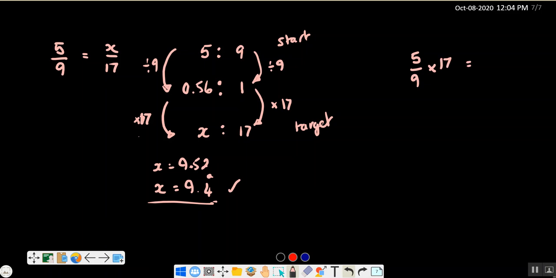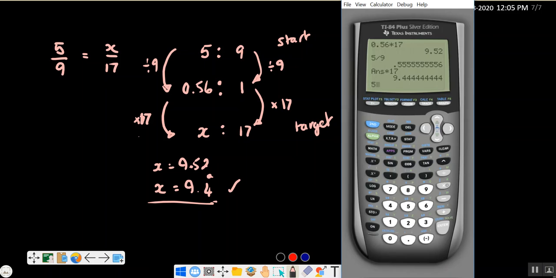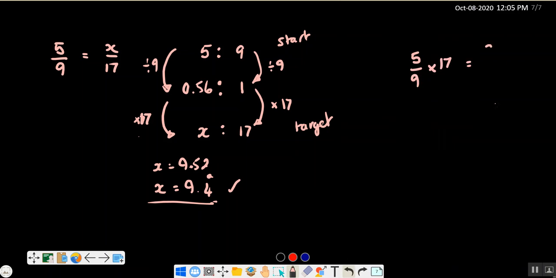So I could do that as 5 multiplied by 17, which is 85. So I could actually write that it's 85 divided by 9. So x is actually 85 divided by 9. Now, if I do that, I would get 9.4 recurring. Again, exactly right.